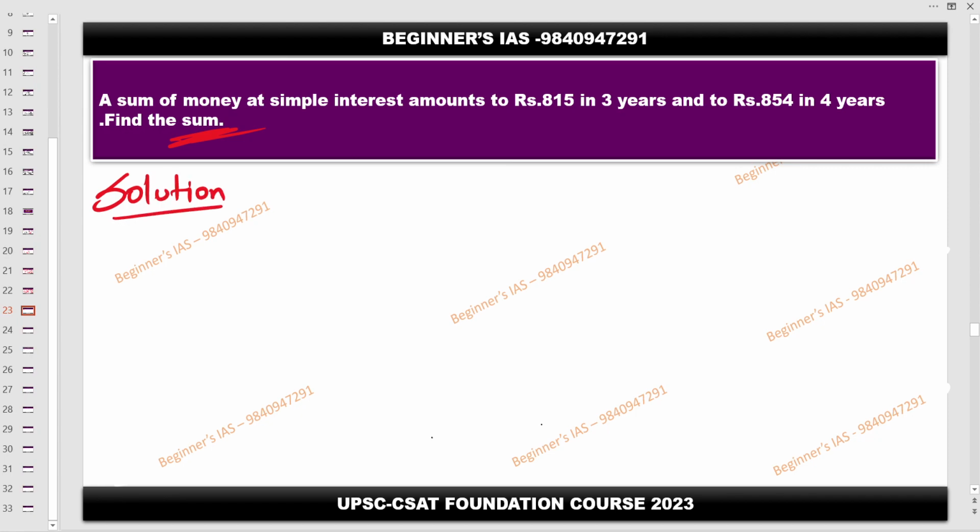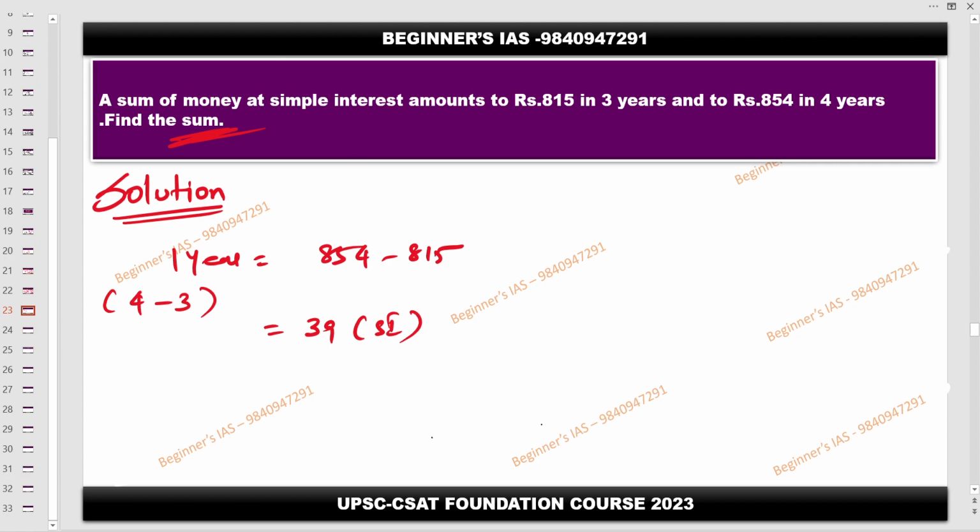So what would be the difference? The 1 year is 4 minus 3, that is 1 year. So for 1 year, it is 854 minus 815. If you subtract, you will get the 1 year simple interest equal to 39 rupees.